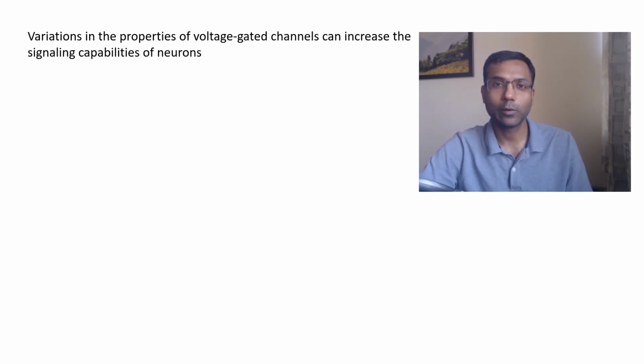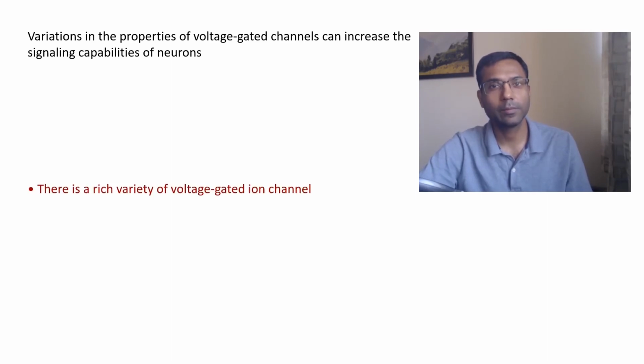But before I close, I want to emphasize that what we have seen so far is a somewhat simplified description of what happens in a neuron. We have talked about voltage gated sodium and potassium channels, but in reality there are actually many more types of channels that are present. So there are also voltage gated calcium channels and chloride channels, and even among sodium and potassium there are multiple types of channels that are present, and these may add more complexity to how the action potentials are generated.